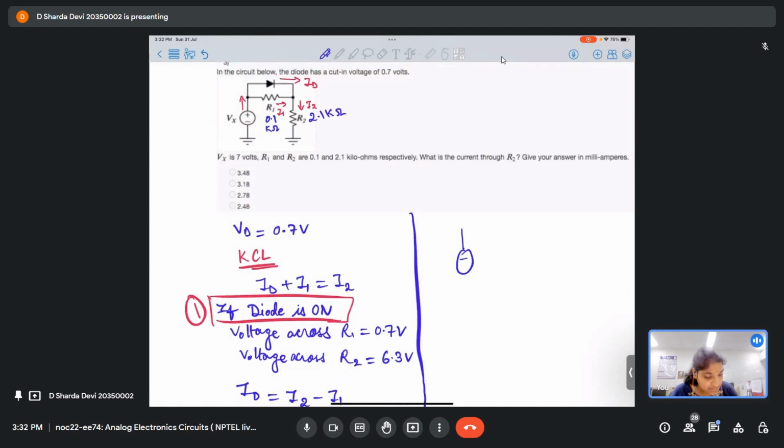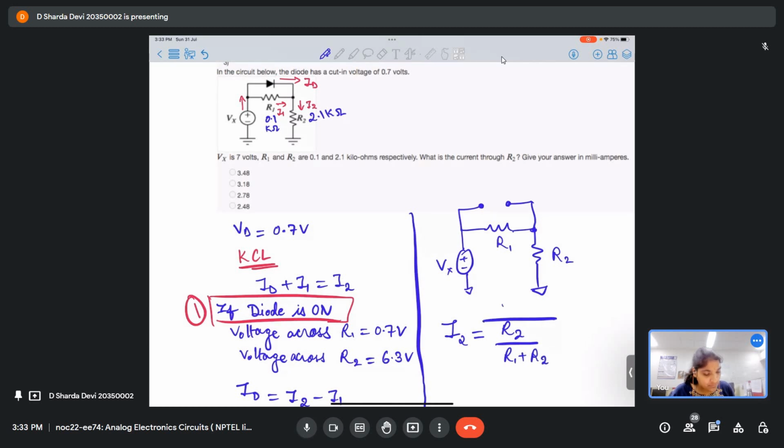The circuit will simply convert to a voltage divider, with this being open circuited, right? So now what will be the current across R2? So the current across R2 will be simply R2 by R1 plus R2 upon V, right?